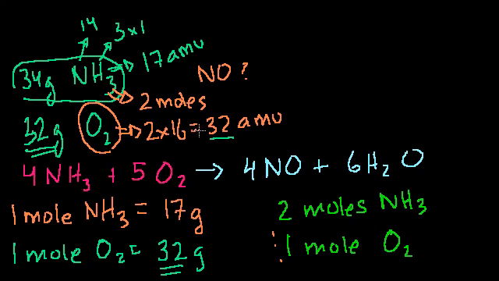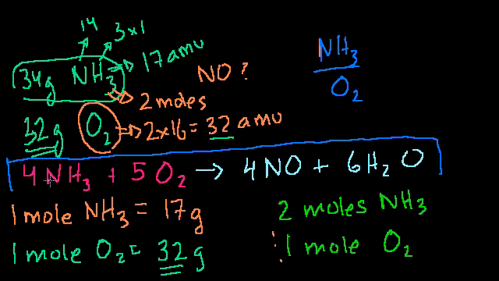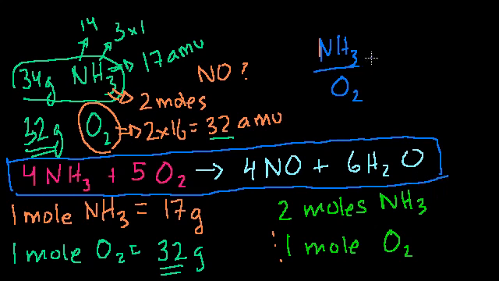The ratio of ammonia to oxygen, let me write that down. The ratio, in a different color, this is getting boring. The ratio of ammonia, NH3, to oxygen in our balanced equation, let me put that in the square so you know this is the most important part of what I'm writing. The ratio in this reaction is 4 to 5, right?